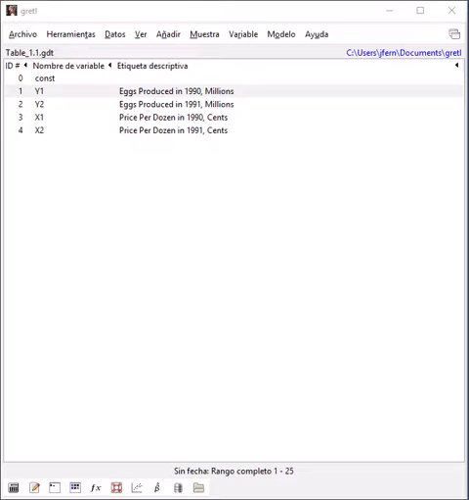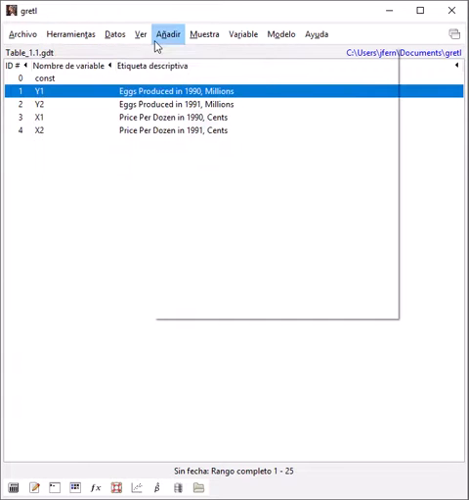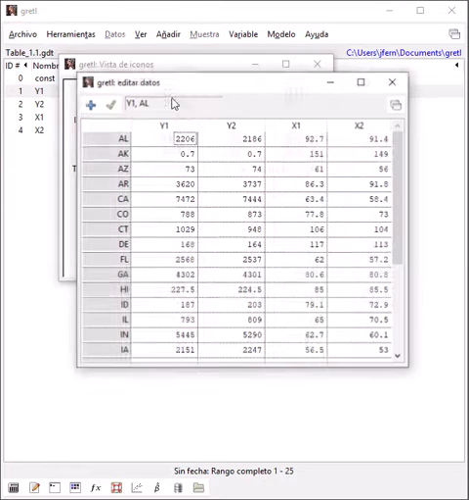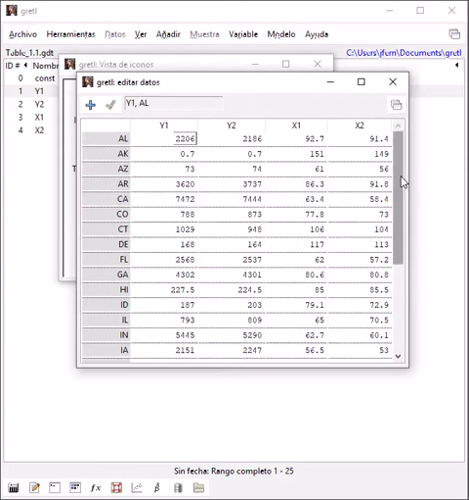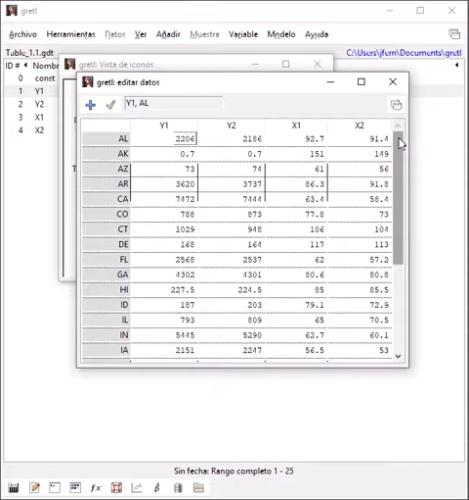The data shown in Table 1.1 are an example of time series data. Let's see how it looks. So this is our Table 1.1, and this data is time series data.